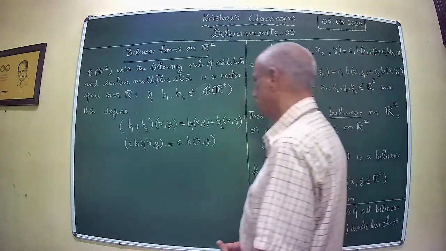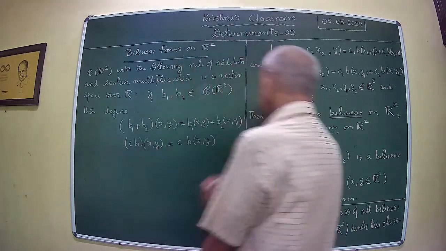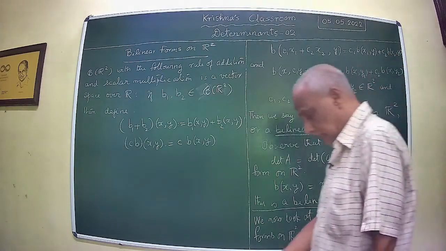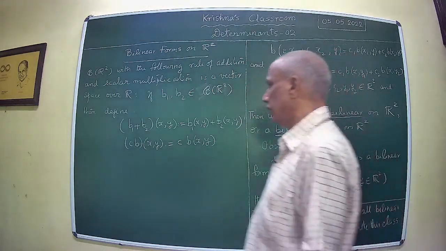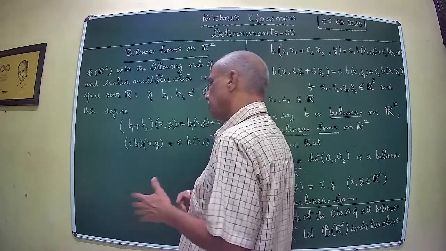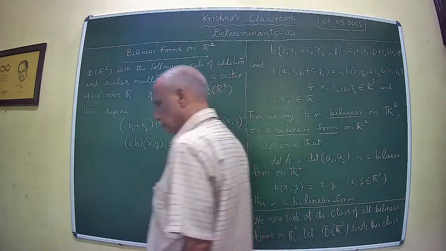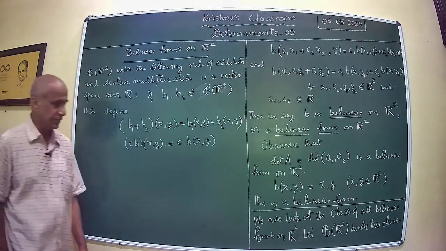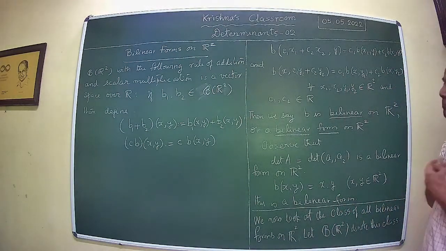B1 plus B2 is defined so that its image of (x, y) is taken as B1(x, y) plus B2(x, y), and cB is defined in this way. It maps R2 direct sum R2 to R. Is it bilinear?